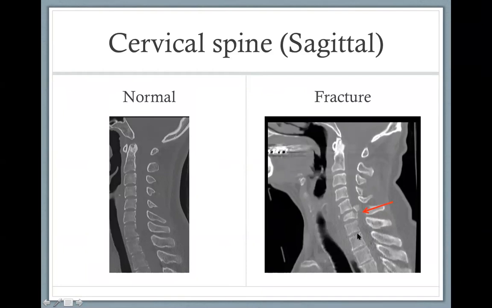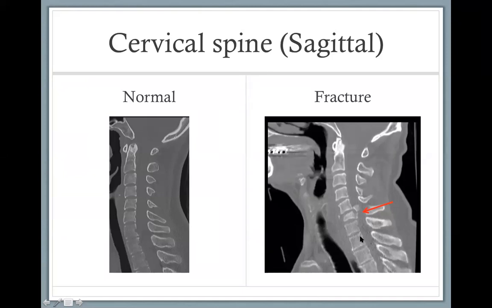The image is reconstructed in the sagittal plane, and we can see there is a fracture involving the C6 vertebra. So this is 2, 3, 4, 5, 6. And there is even a fragment that is encroaching into the spinal canal. So this is a cervical spine fracture.